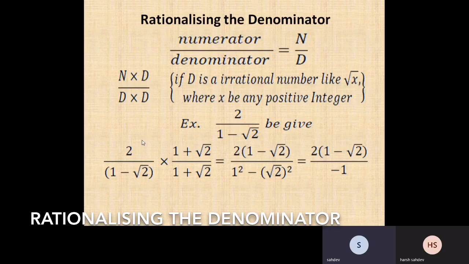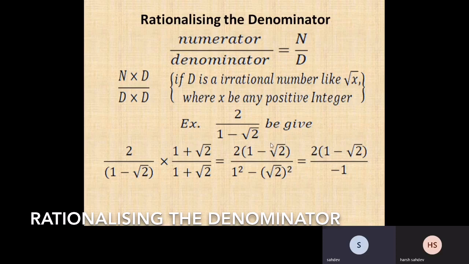Now this is what we have, 2 upon 1 minus under root 2. This we want to rationalize. We will multiply and divide by changing the sign of the intermediate term. Whatever sign is in the middle, we'll change that. After changing that sign, we'll multiply and divide both, because if we cut this out, this will be 1. Anything multiplied with 1 remains the same.